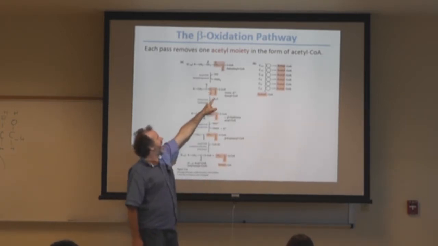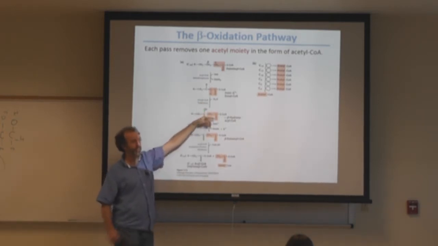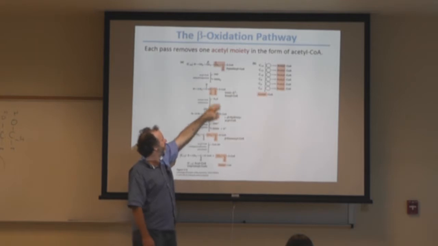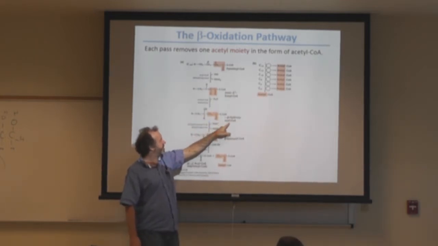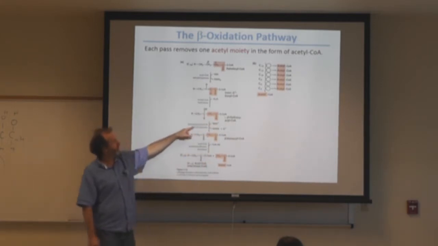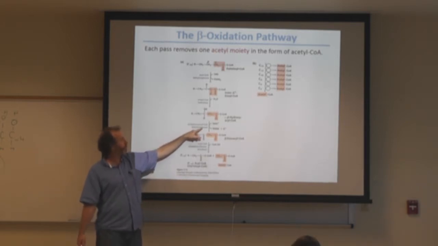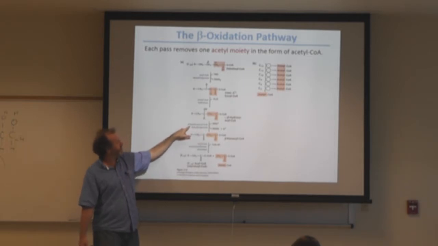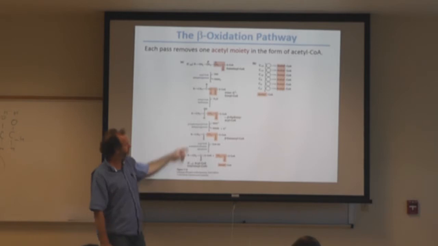Then we hydrate that using enoyl-CoA hydratase. We just add water across this double bond, and we end up with an alcohol, L-beta-hydroxyacyl-CoA. Then we get one more oxidation. See a dehydrogenase, it's an oxidizing step. Beta-hydroxyacyl-CoA dehydrogenase. These enzymes tell you their substrates pretty much in the order they're going.